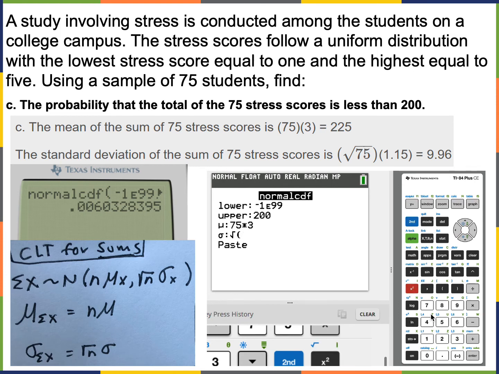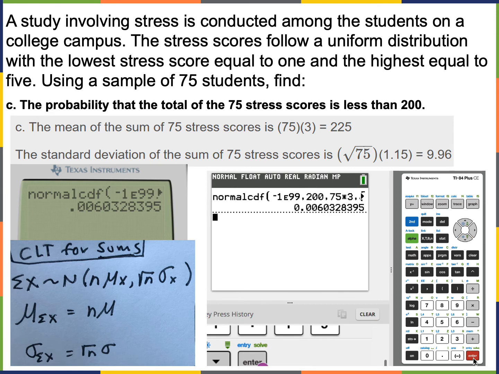And you have 75 times 3 as your mean, and square root of 75 times 1.15 as your standard deviation, because we're talking about sums, and we're using this because of the CLT for sums, okay? And then the probability that you would get less than 200 is 0.006 or 0.6%.